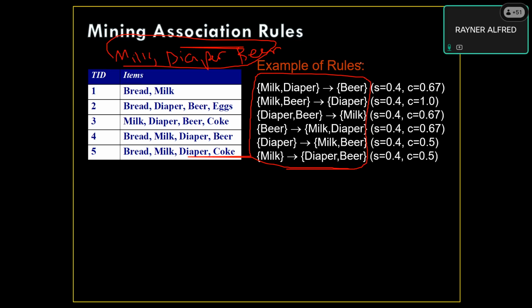If you look at the support, it is always the same because we are looking at this item set, but the confidence is different because it depends on the item on your left-hand side, which is the antecedent. We can see that for this rule the confidence is 1, so this is the highest rank.